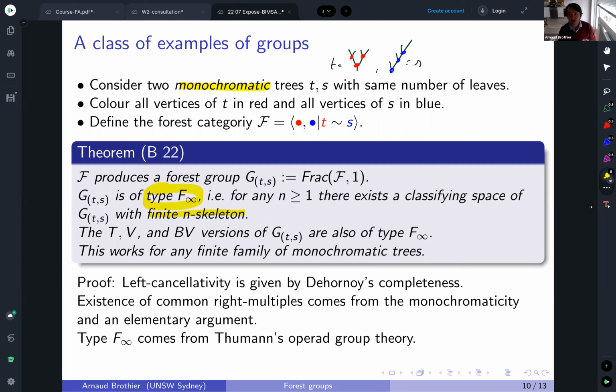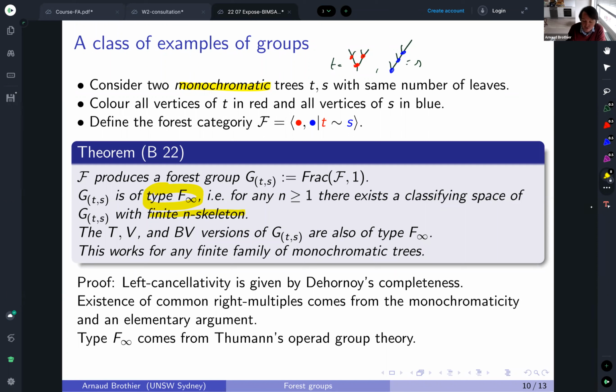If you do it for n equal to 1, it means you are finitely generated. If you do it for n equal to 2, it means you are finitely presented. And then you can do it for n equals 3, 4, 5. Here I'm telling you it's true for any n, for any of these groups. So it's a huge source of groups with this property. And you may know that there are not so many groups satisfying F infinity.